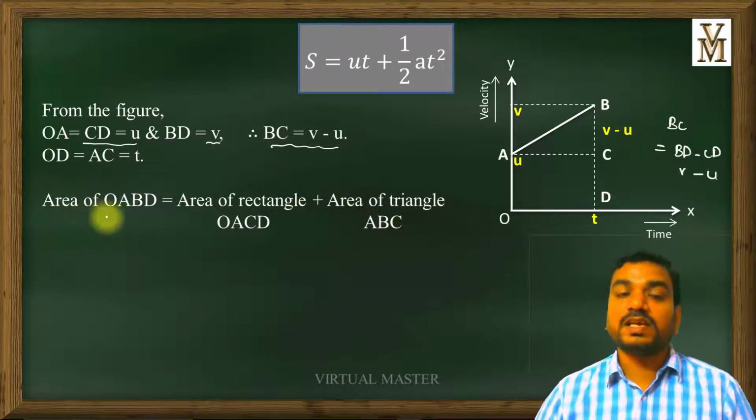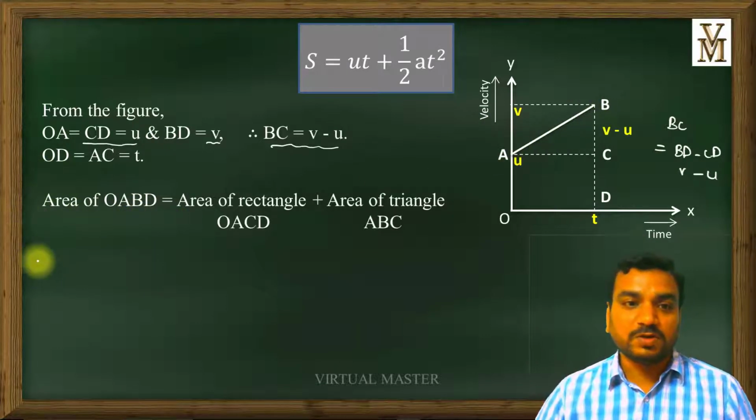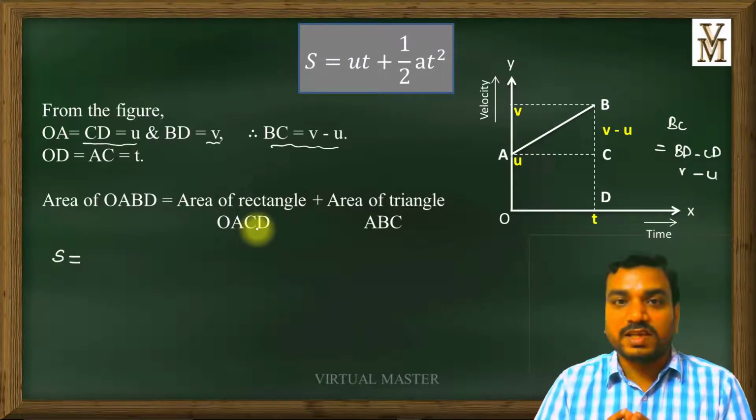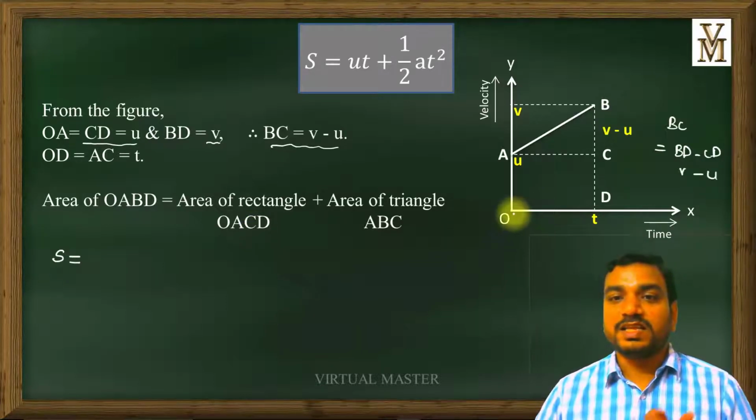And OABD is the area under the curve AB, which is equal to the displacement. So I can write s will be equal to the area of rectangle OACD. The formula for the area of the rectangle is length into breadth. The length of the rectangle is OA.